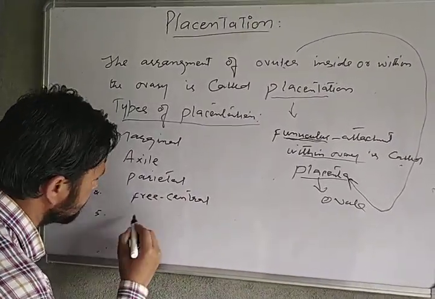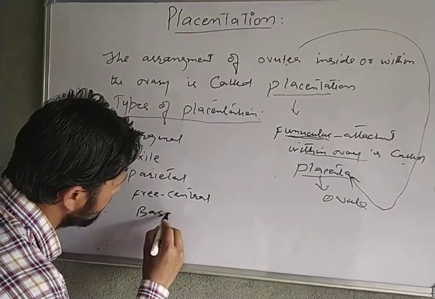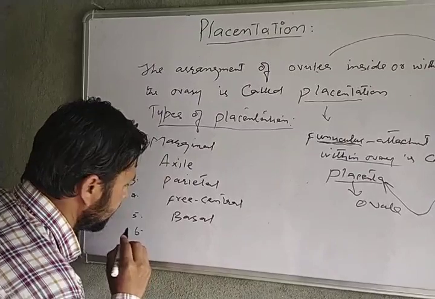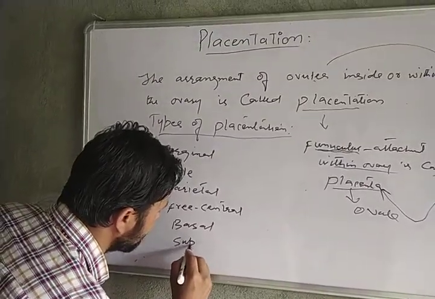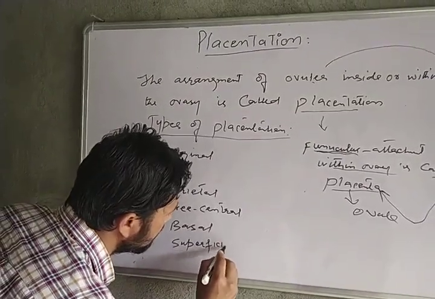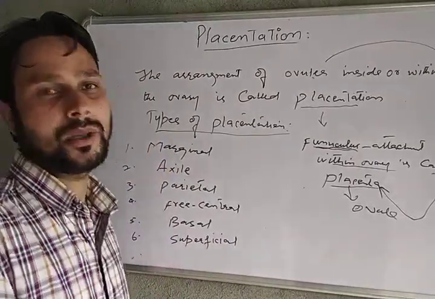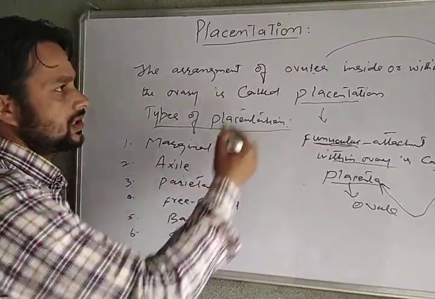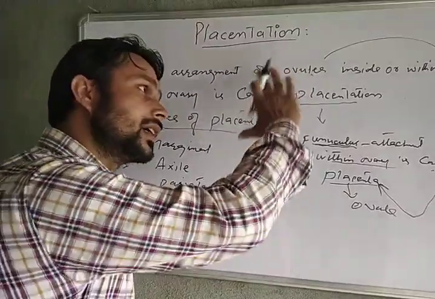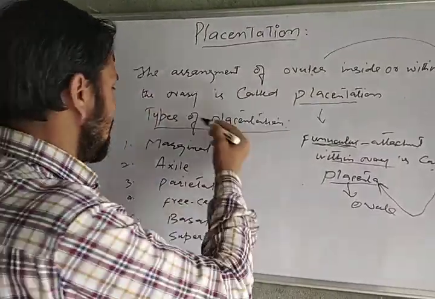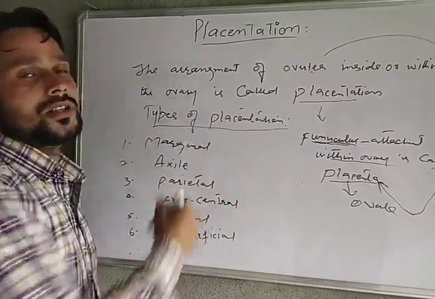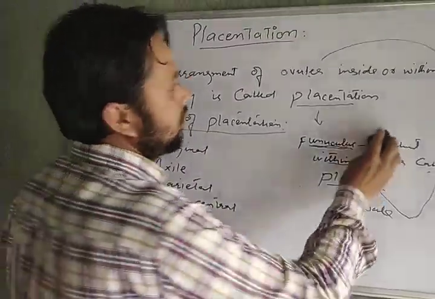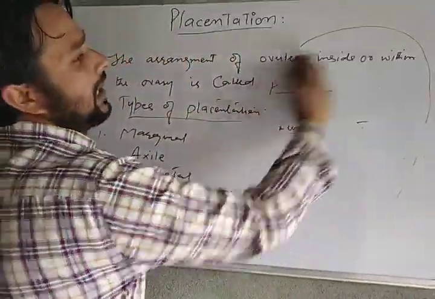Fifth one is basal type of placentation. And sixth one is called superficial type of placentation. These are the ways through which these ovules are attached inside or within the ovary, and we can take these types of placentation one by one. First of all, we will go to marginal placentation.